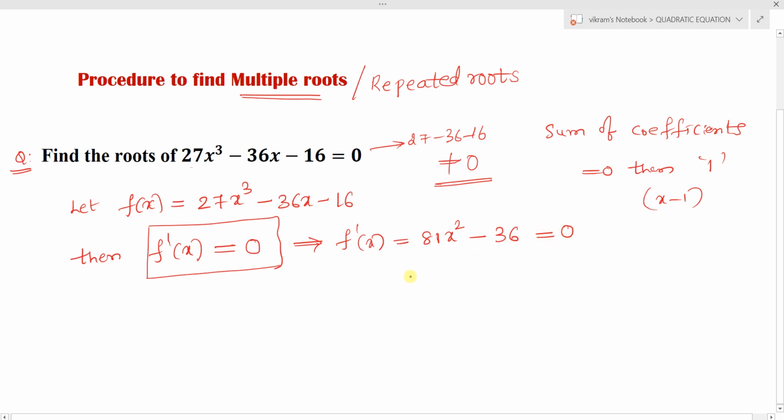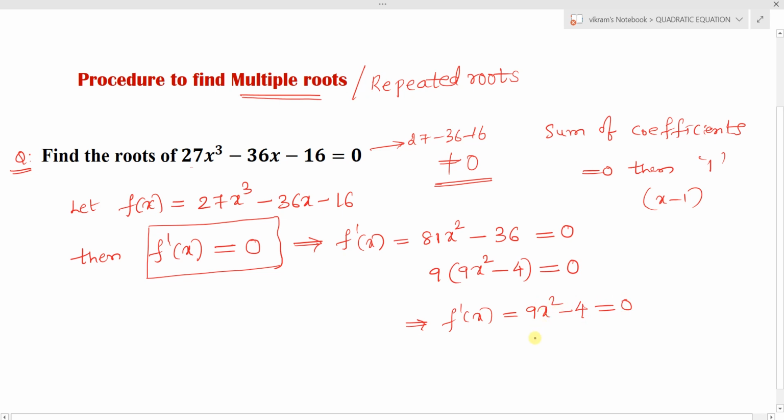If I take 9 as common, I can write this as 9x square minus 4 equal to 0.